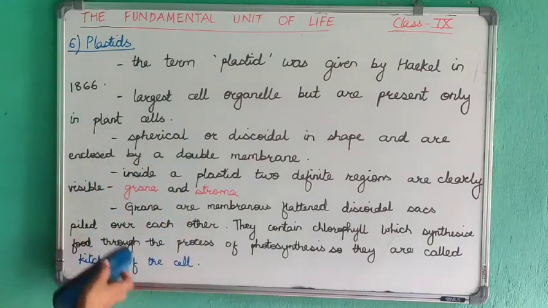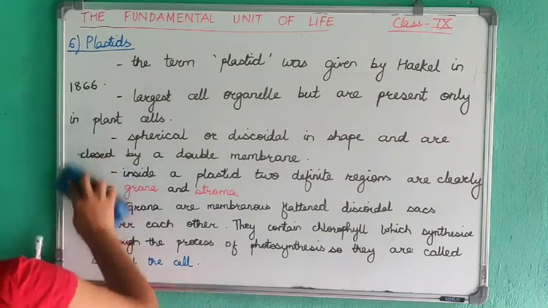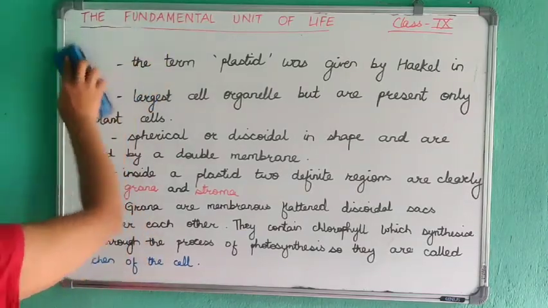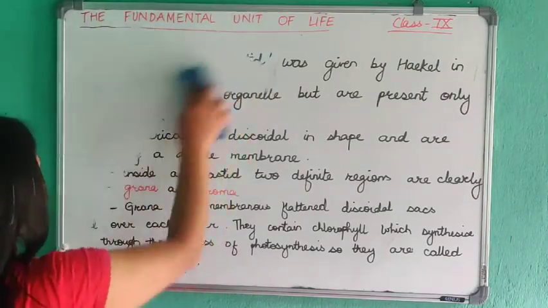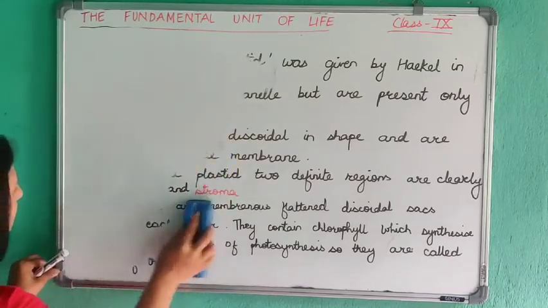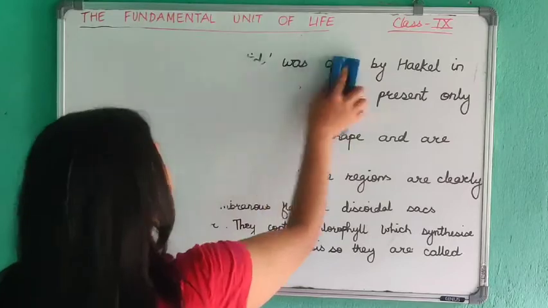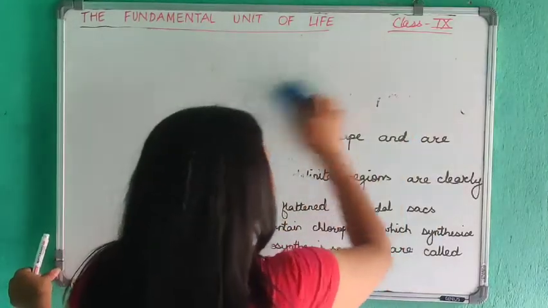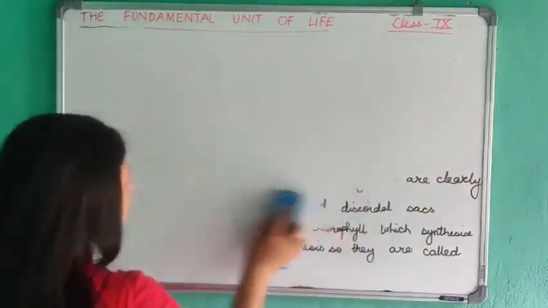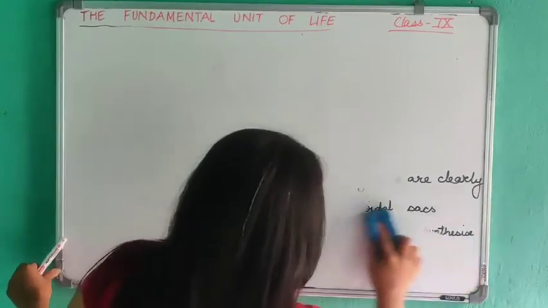Now let us talk about stroma. Okay, stroma चाहिँ fluid हो. It is the matrix in which lies the grana. Stroma चाहिँ fluid हो, त्यो माथि चाहिँ grana चाहिँ disc shape को pile भएर बसेको हुन्छ.